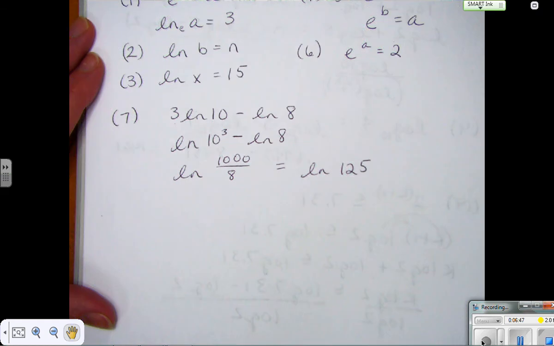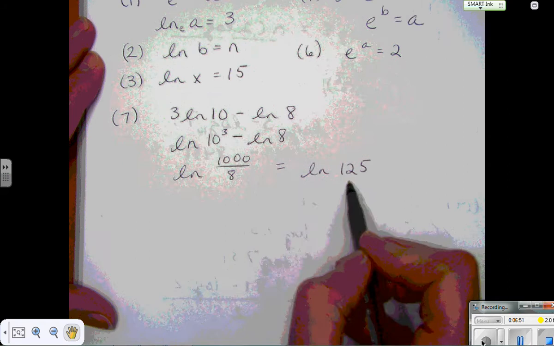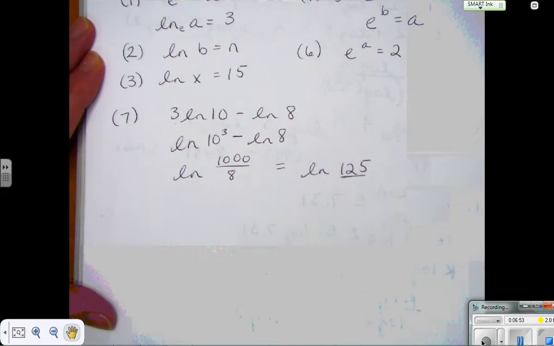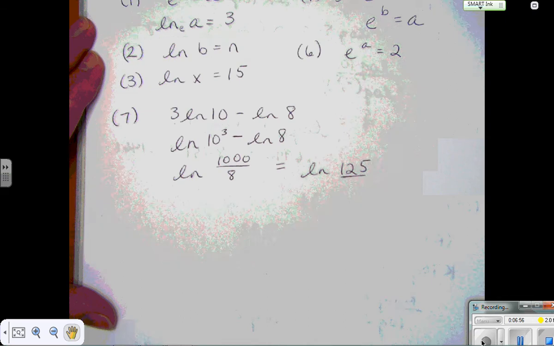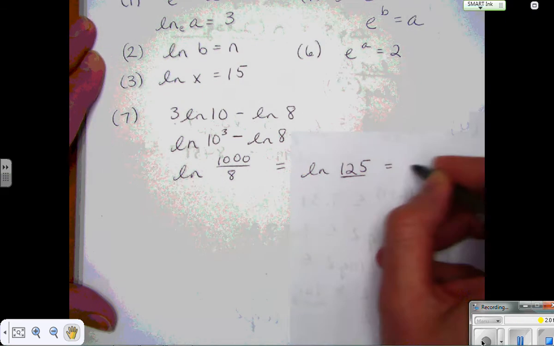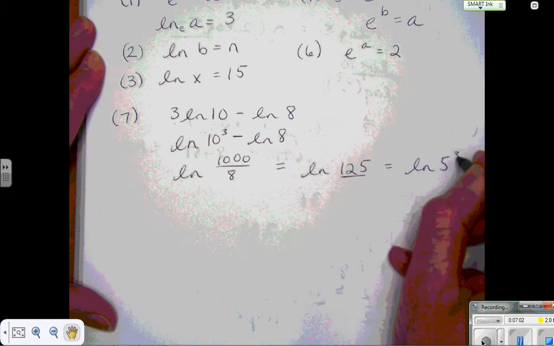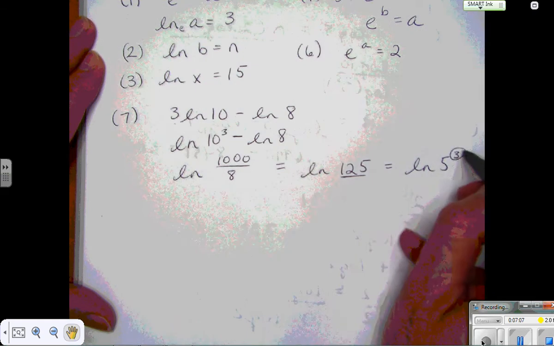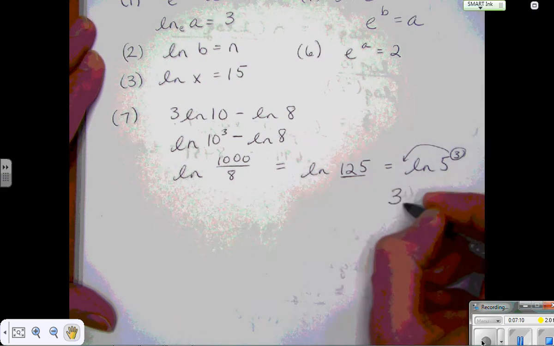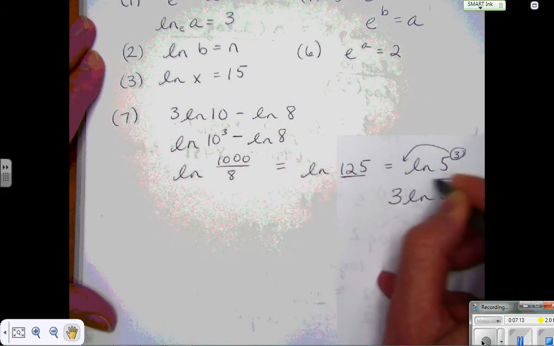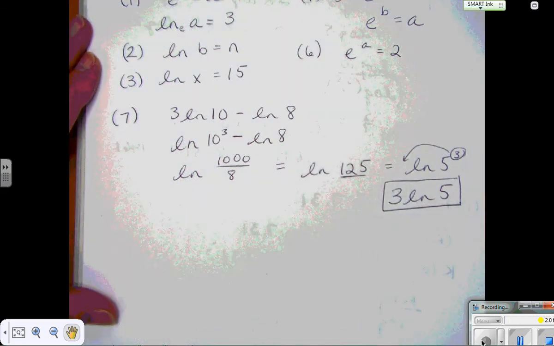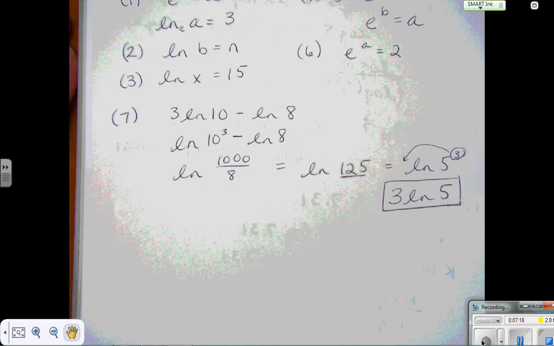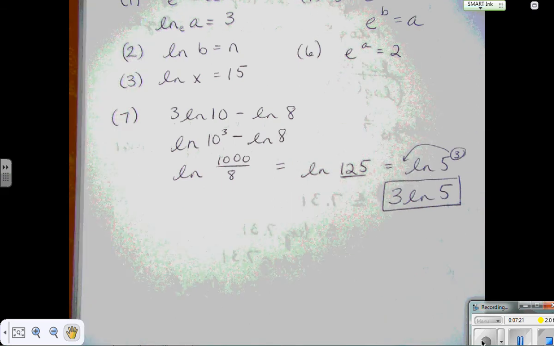And that's going to simplify to be ln of 125. And you could simplify this even more by changing this 125 as 5 to a power. So 125 is 5 to what power? To the third. Okay, and then your final answer would be taking that exponent and writing it in front of the natural log. So 3 times ln of 5 would be your final answer. Any questions? Okay, let's look at number 9.